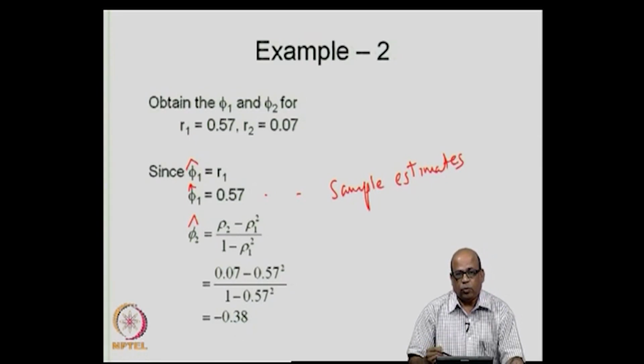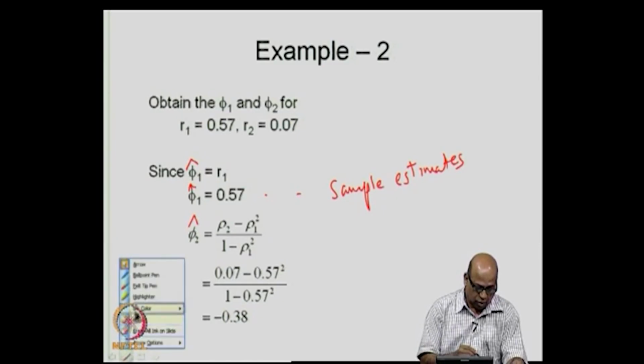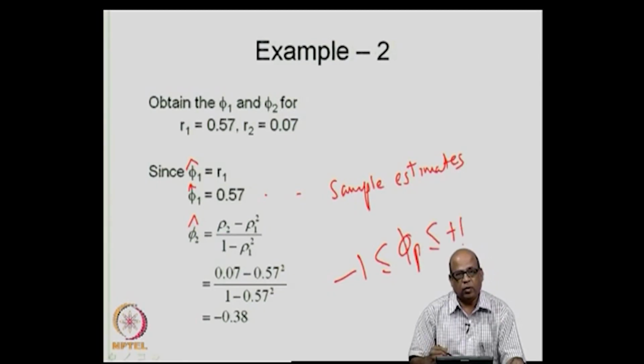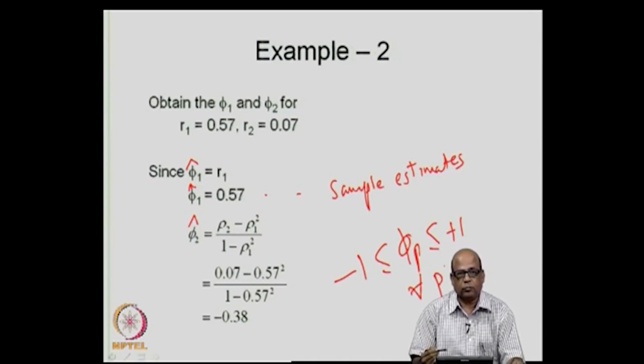The partial autocorrelations, being correlations by themselves, will have a range of minus 1 to plus 1. They are also like correlations, they vary between minus 1 to plus 1 for all p.